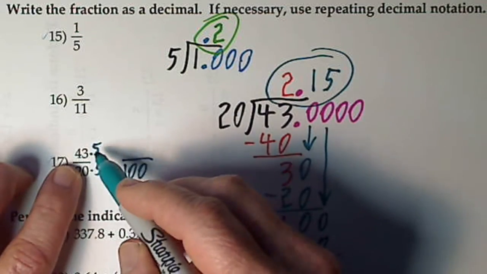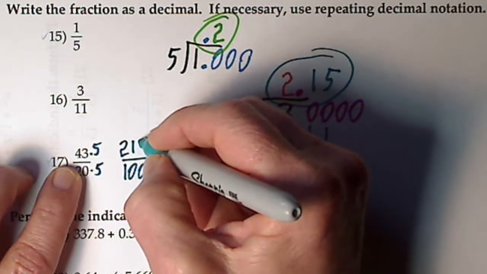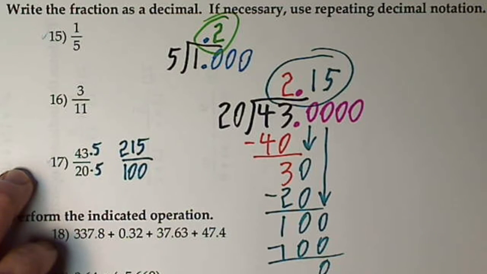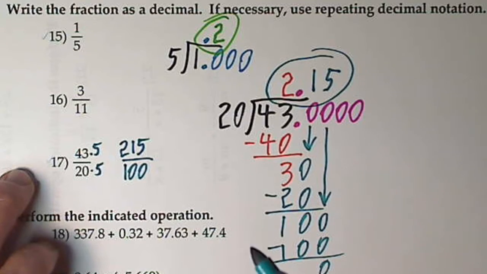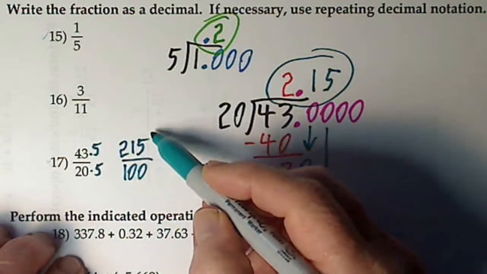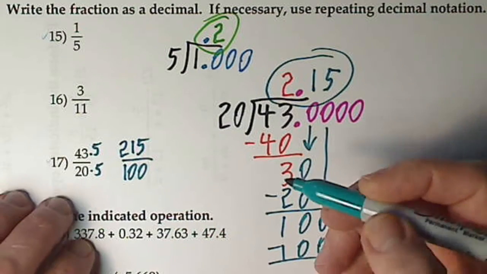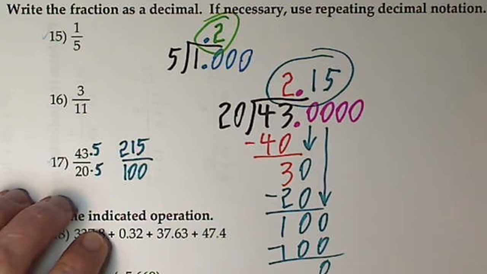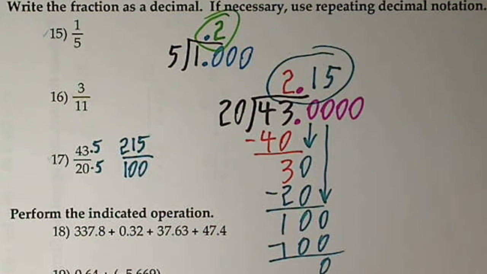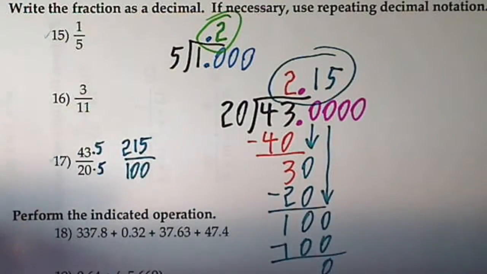But 5 times 43 is 215. Or is it bigger? No, that's right. But notice this is still written in fraction form. So if I have 215 divided by 100, I'm just going to have to back out and do that. Maybe I'll do it right here, just to show you there is another way you can get there. I think this will be the last one we do on this video.